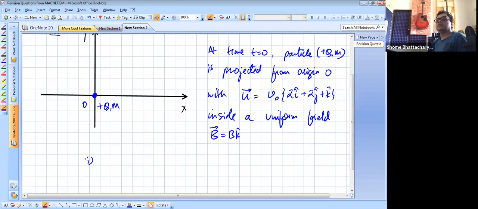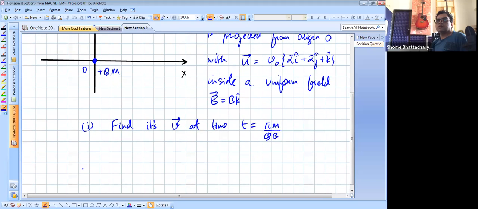So first of all, find its velocity at time t equal to this value.